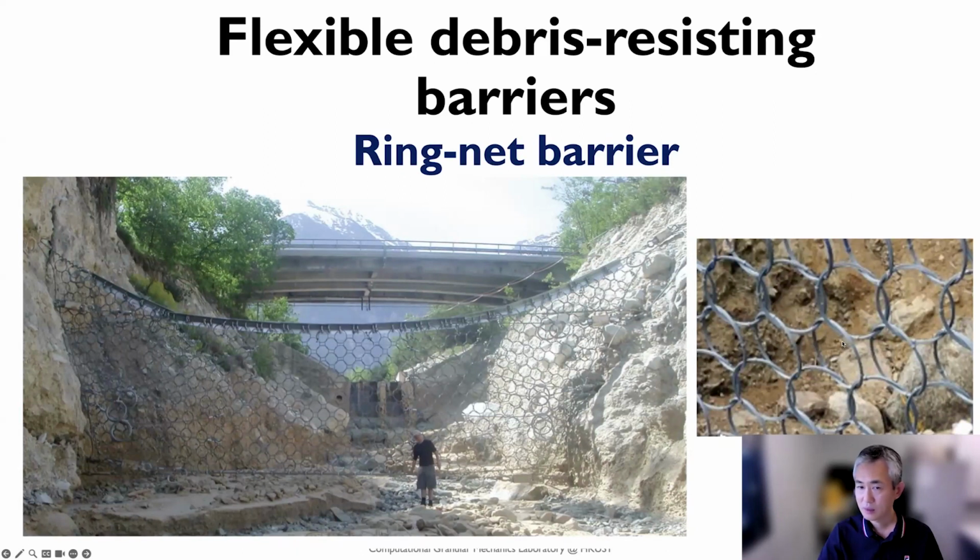These are the high strength rings, and they will be further connected to the top cables, and you could also have a certain layer of cables to connect them together. They'll be fixed by some anchors to the two banks here, right? And so this forms a major ring net barrier.